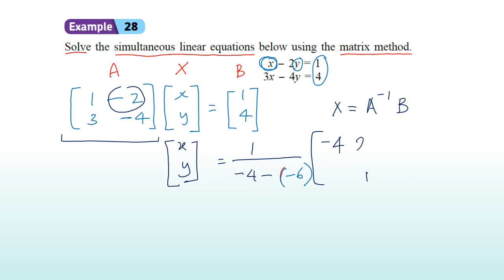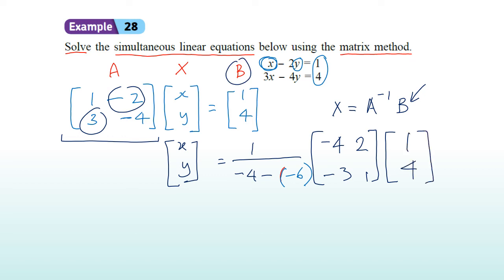So this one became positive 2 and 3 will become negative 3. Okay, and then you multiply it back with B. So your B is 1, 4. Okay, so your job now is just to solve these matrices.